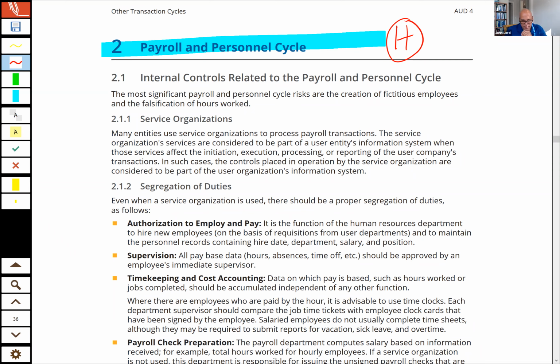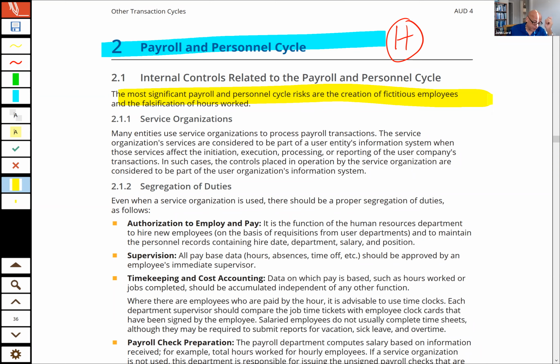Now, the thing that's interesting about payroll, and you see here in the beginning, is that we're worried about the creation of fictitious employees. So when we look at the internal control, we're going to try to separate the authorization, the record keeping, and the custody, so that we don't hire a fake employee, and then that person starts getting paid, right?